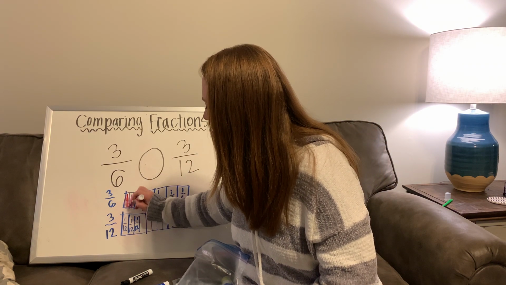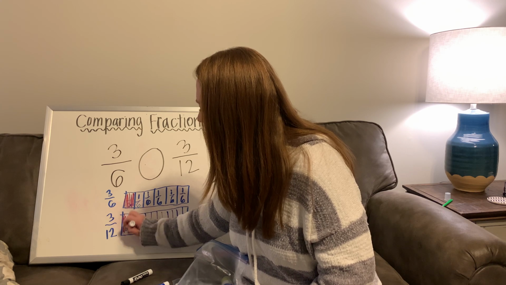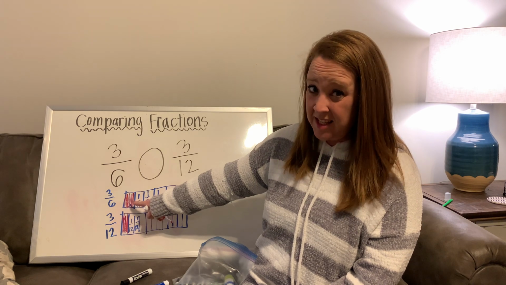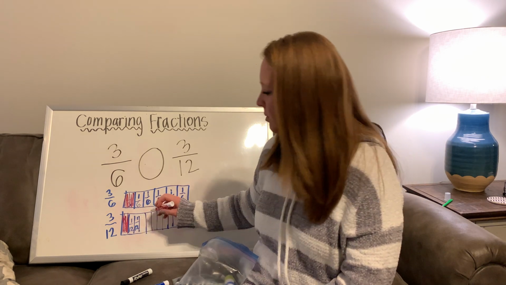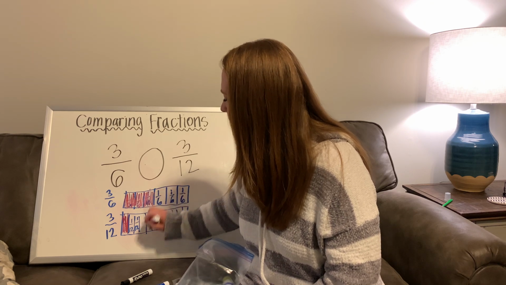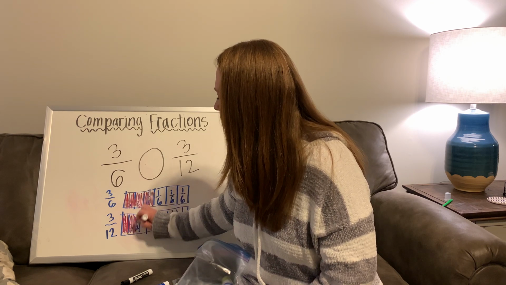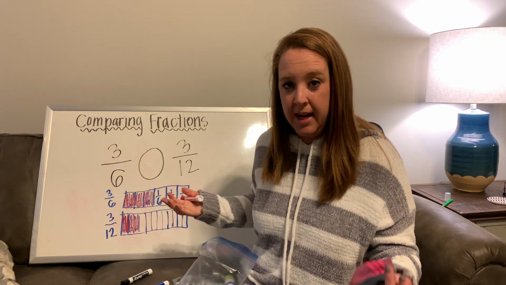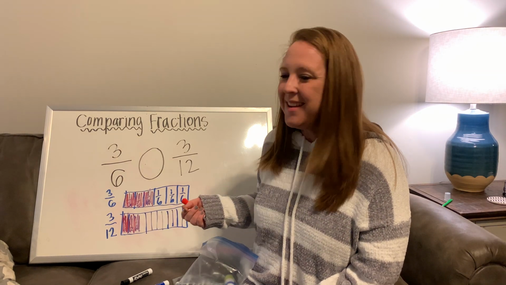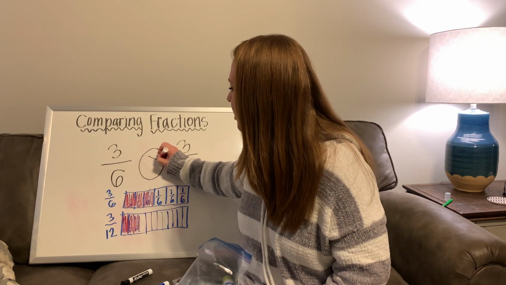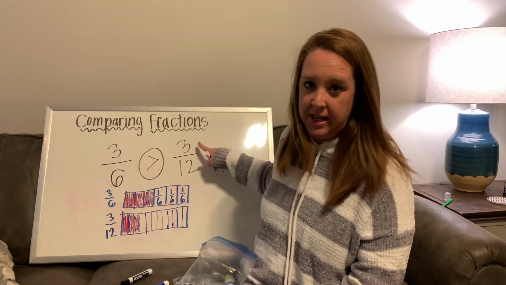First of all, I could just color in one of them, and I could tell my 6ths are much bigger than my 12ths. So 3 1/6 pieces right here, and 3 1/12 pieces. Well, which one is greater? Yes, you are right. 3/6 is greater than 3/12ths.